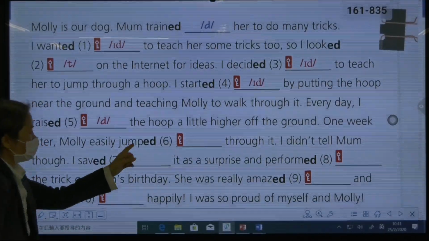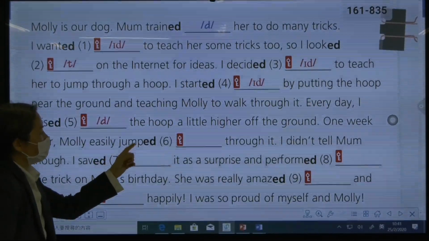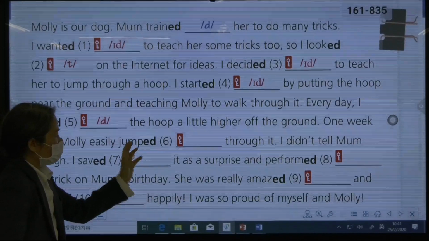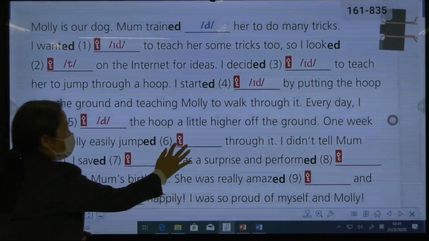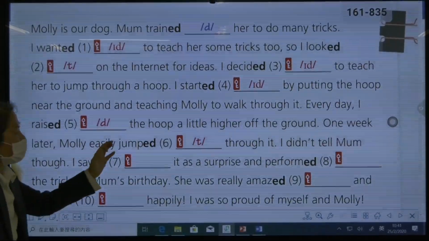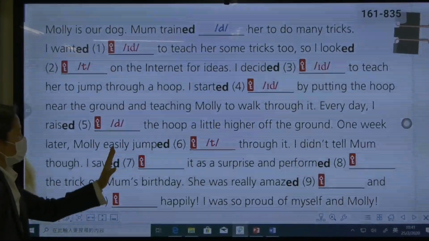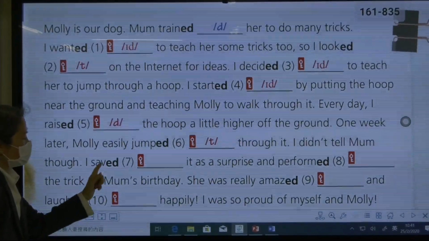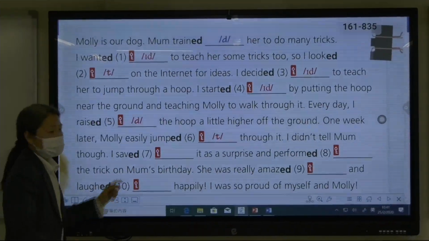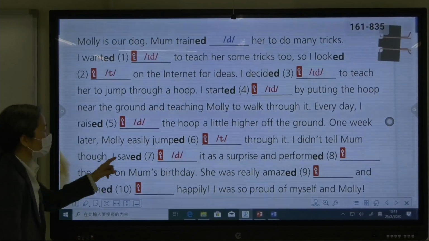And this one, P-E-D, P, so we pronounce it as /t/: jumped. And this one, save. The original word is S-A-V-E, a vowel at the end, so after a vowel we use /d/: saved.